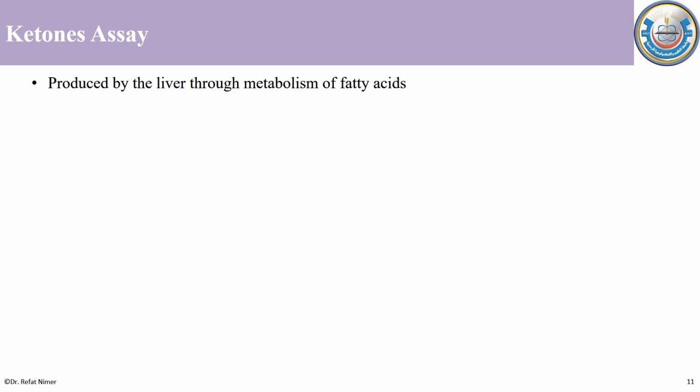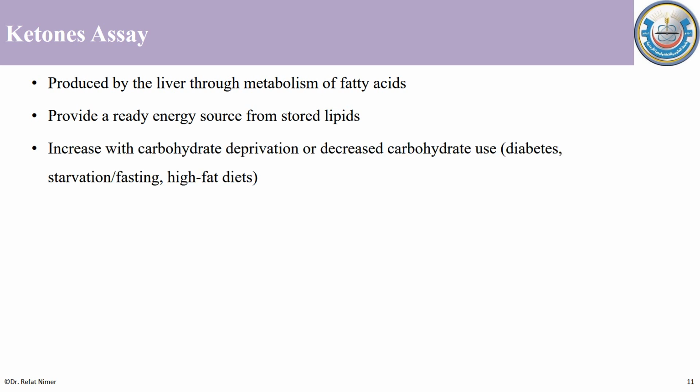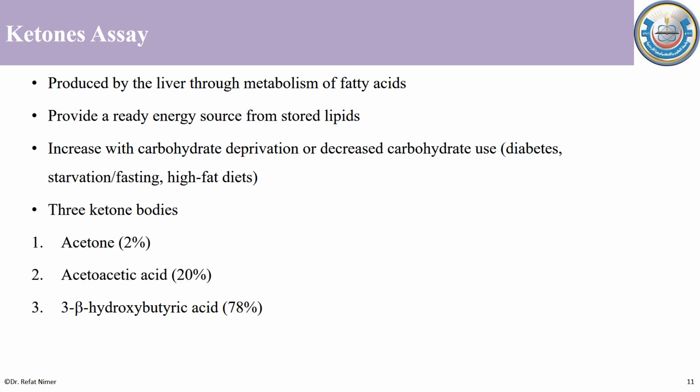We have the ketones assay. The ketones are produced by the liver through the metabolism of fatty acids and provide a ready energy source, increased by carbohydrate deprivation or decreased carbohydrate use, as in diabetes, starvation, fasting, and high fat diets.